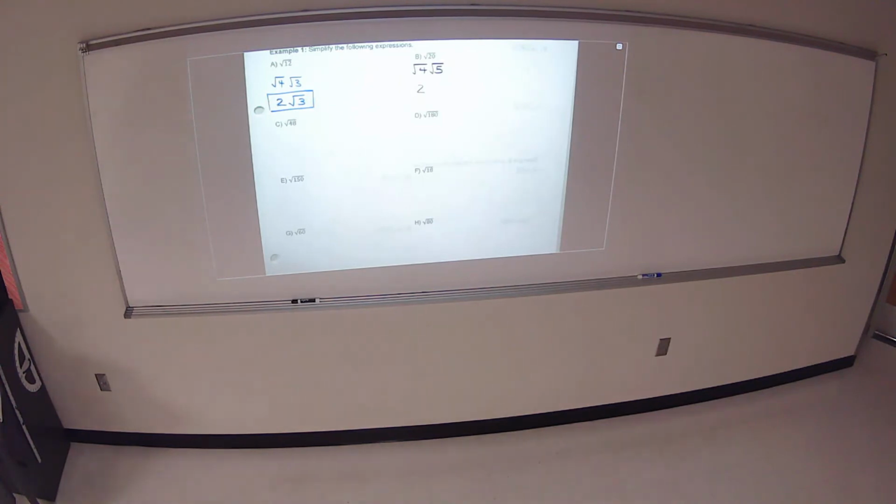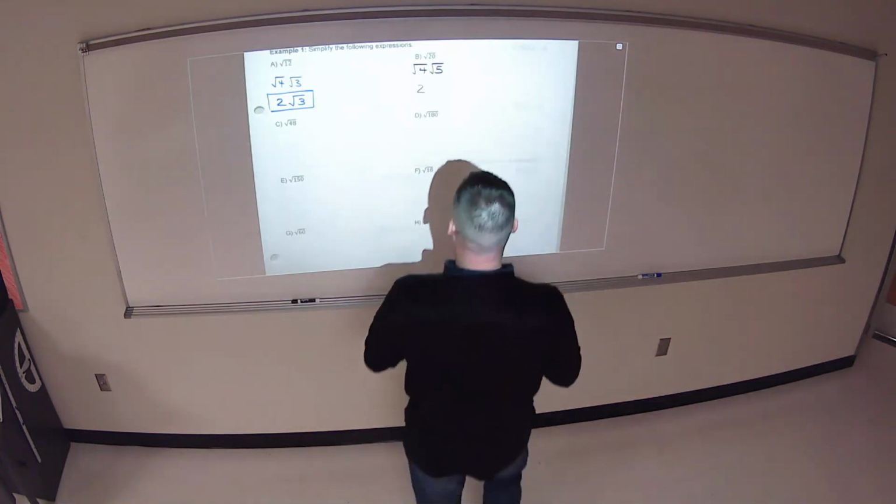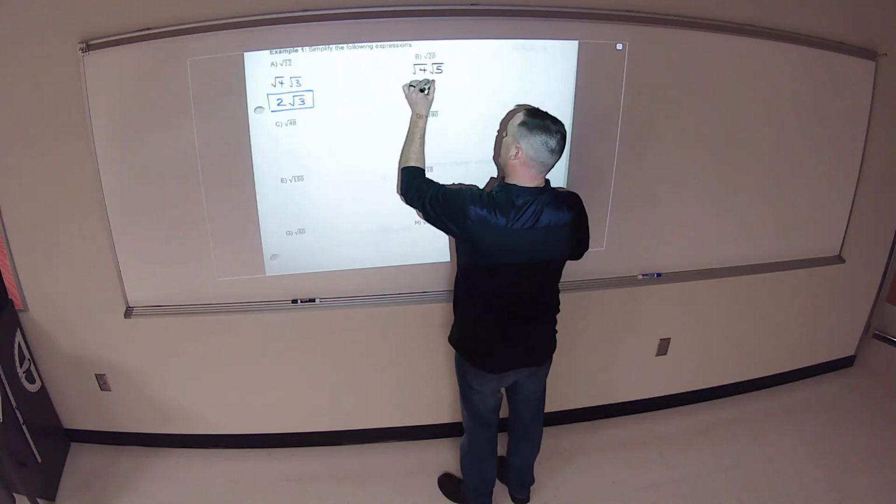We're taking the square root of it. Okay? 5 is not a perfect square. Does it contain any factors that are perfect squares? No, because 5 is only divisible by 1 and 5. And we already said we don't worry about 1. 5 is not a perfect square, so here is my final answer.